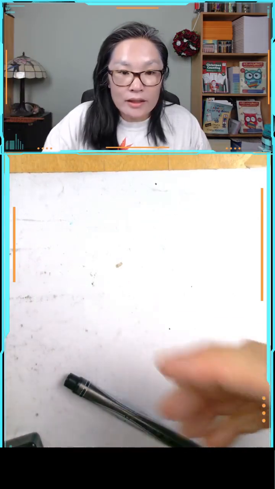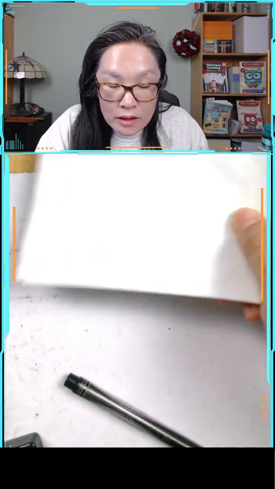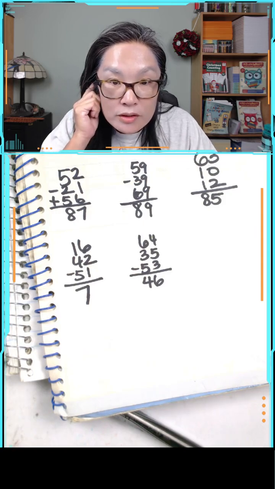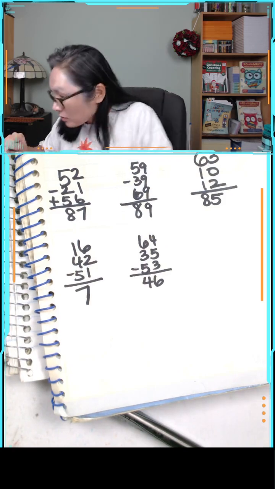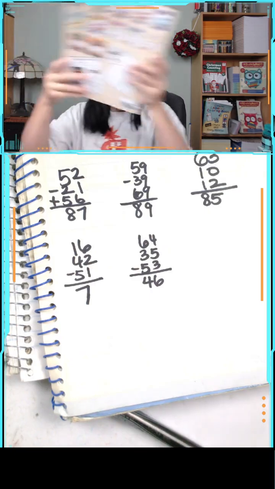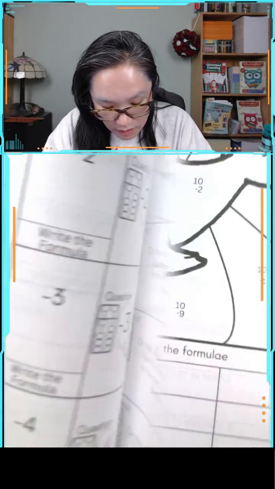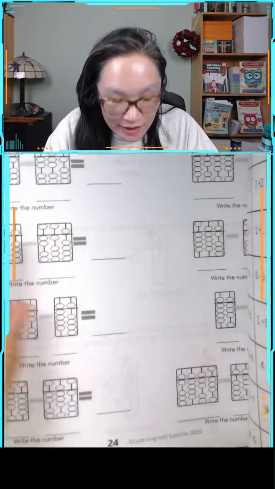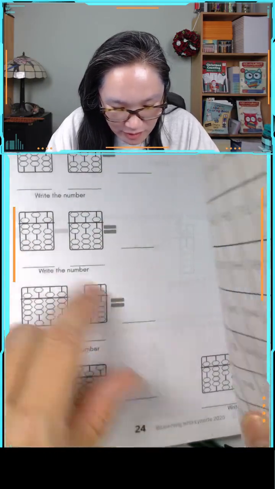All right, got it. Okay, here we go. 24. Not fractions? No, we don't do fractions. What did I do wrong? Okay, 24. Which one? Is it wrong?